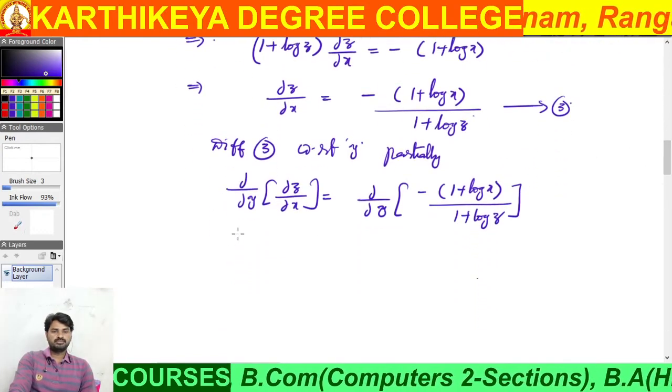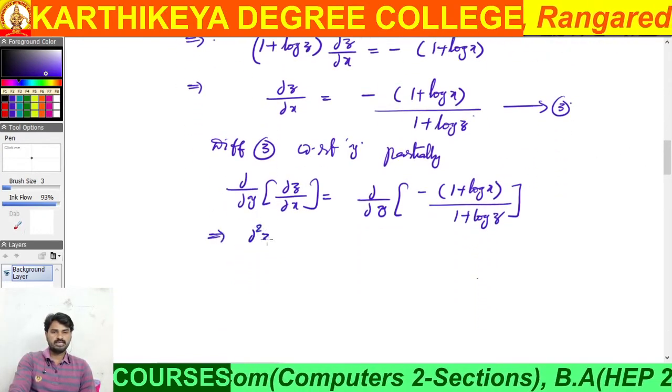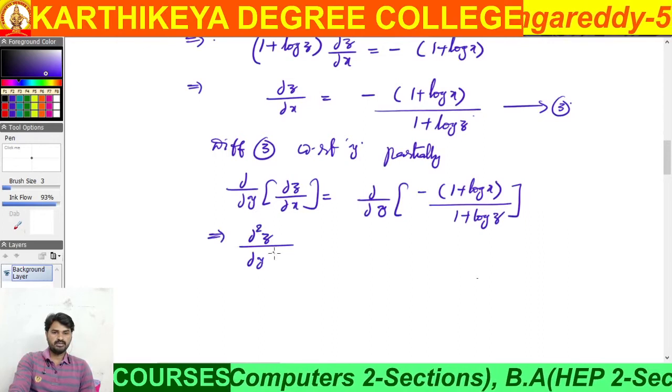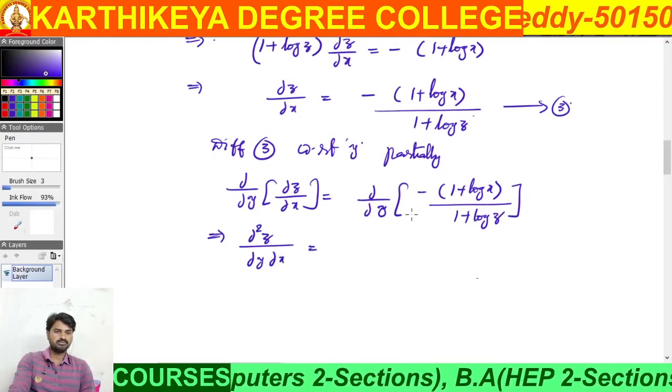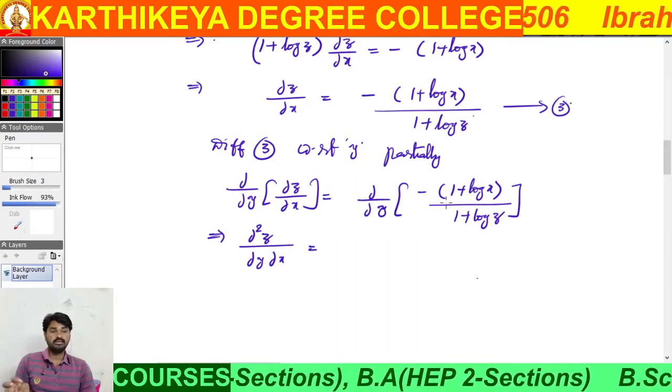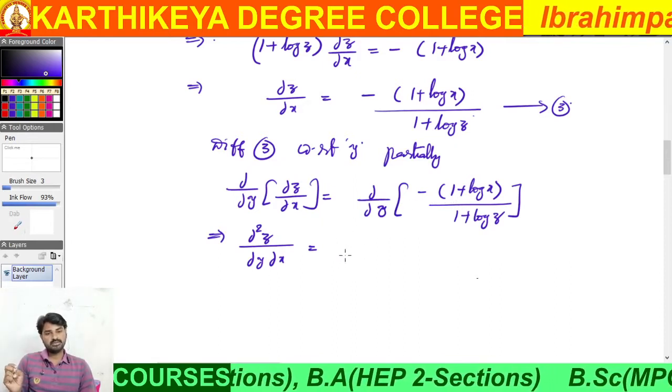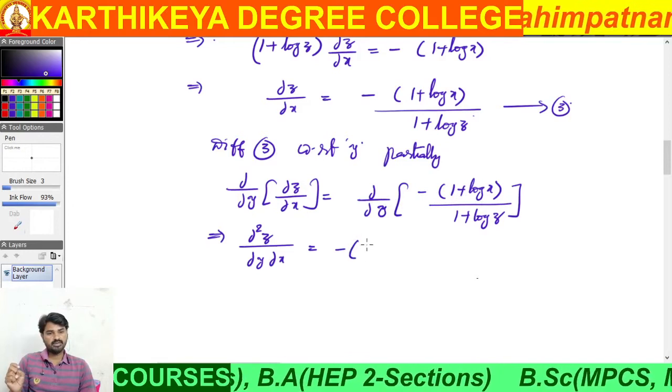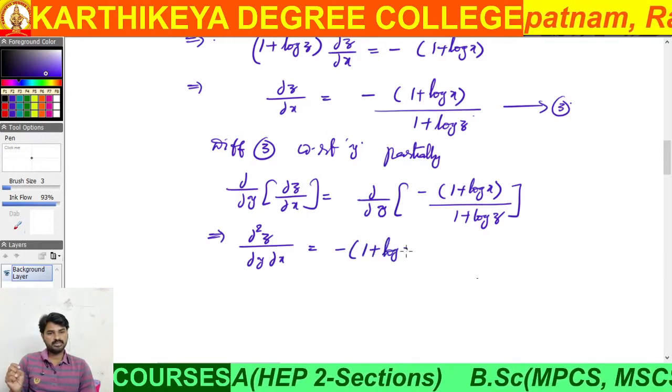Now here ∂²z/∂y∂x is equal to, while you are differentiating with respect to y, x can be treated as a constant, so that's why I am going to take out the 1 plus log x.